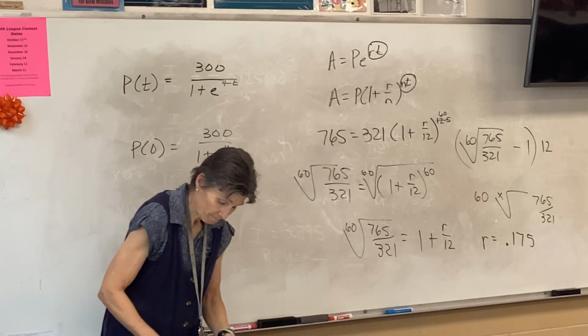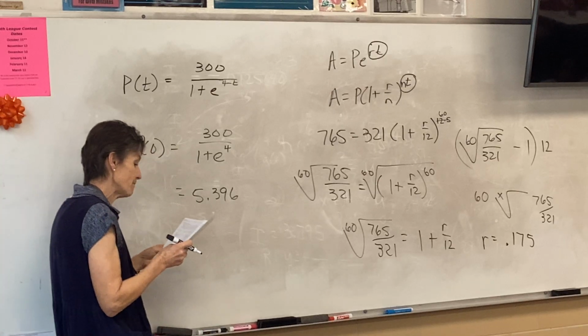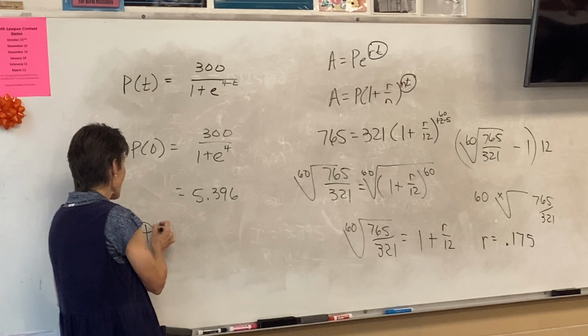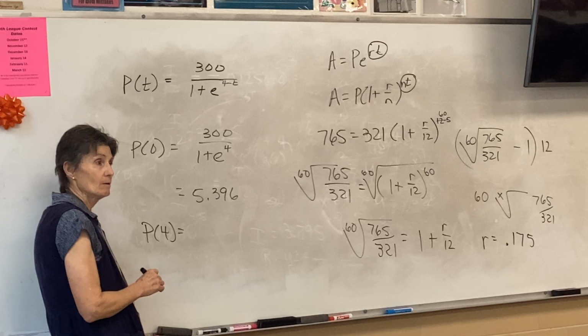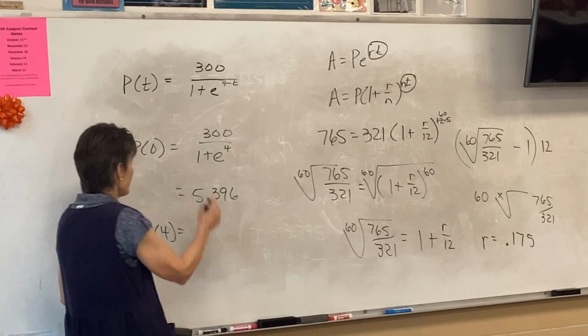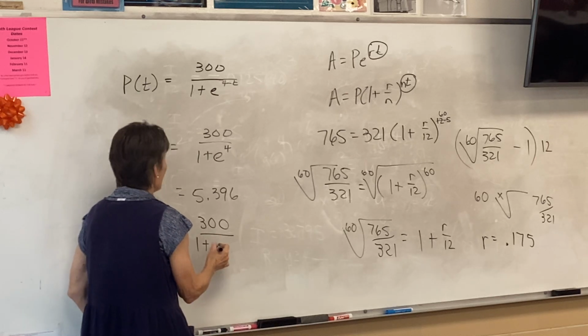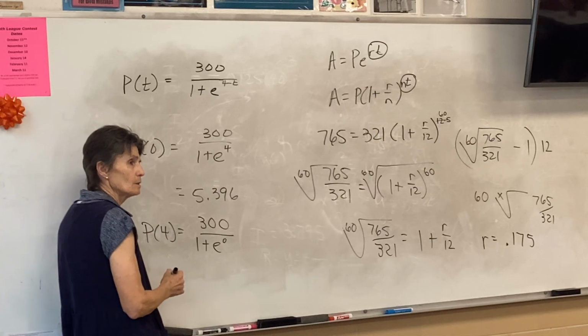All right. Second question. How many students were infected after 4 days? Well, I'm going to do exactly the same thing, only I'm going to let t be 4. So I'm going to have 300 over 1 plus e to the 0, which is 1.